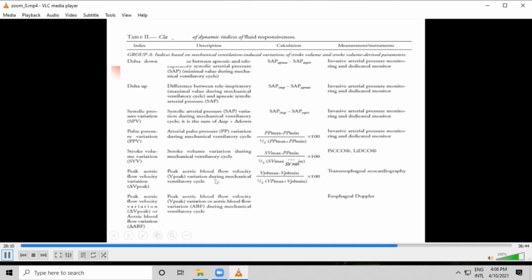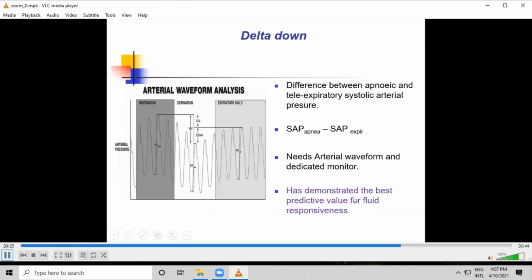Peak aortic flow velocity, VPK maximum minus VPK minimum divided by the mean multiplied by 100, requires a transesophageal echo. Another we can use is the esophageal Doppler.